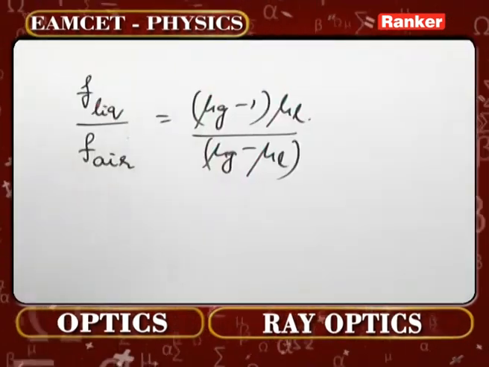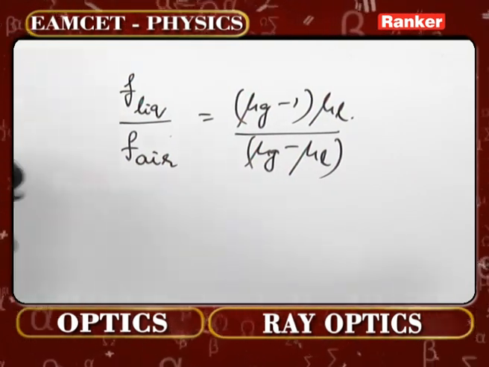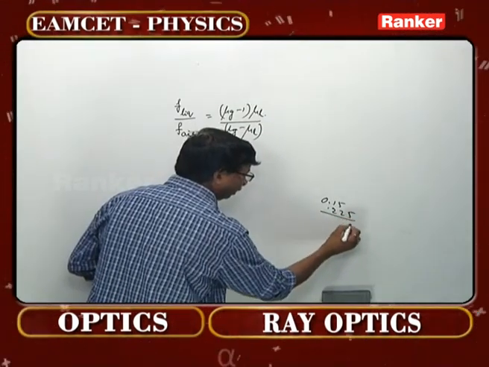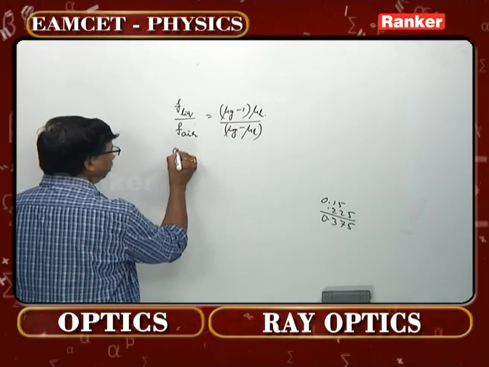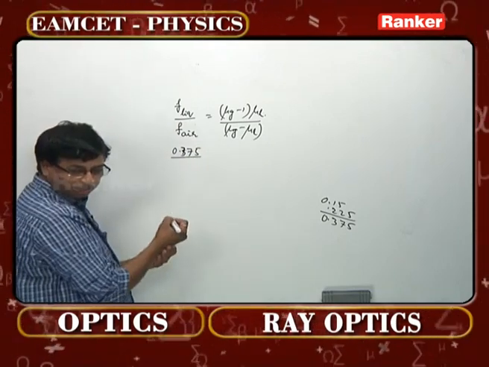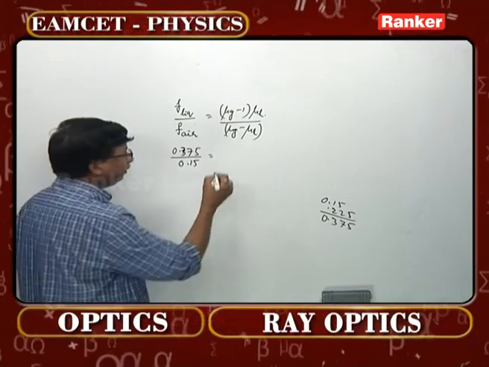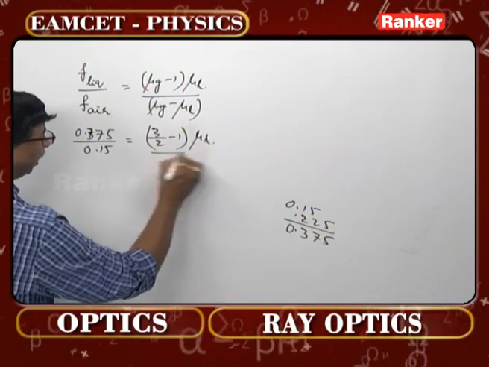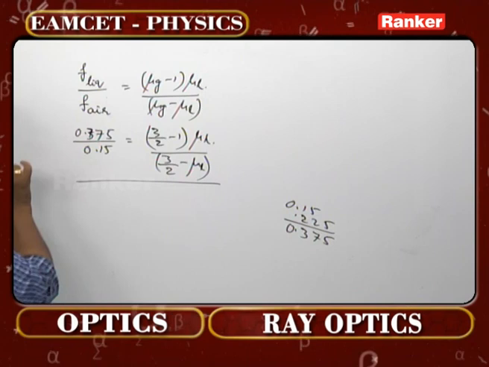What is the focal length in liquid? He is talking about it is increased by 0.225. Actually it is 0.15, and 0.225 is the increase. Then how much will it be? 0.375 it will be. So 0.375, right, divided by what is the other value given? 0.15 is equal to mu of glass, which is given as 3 by 2, minus 1 into mu liquid by (3 by 2 minus mu liquid). This is actually the formula.